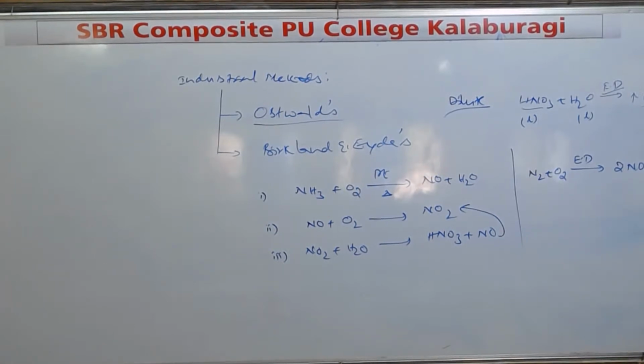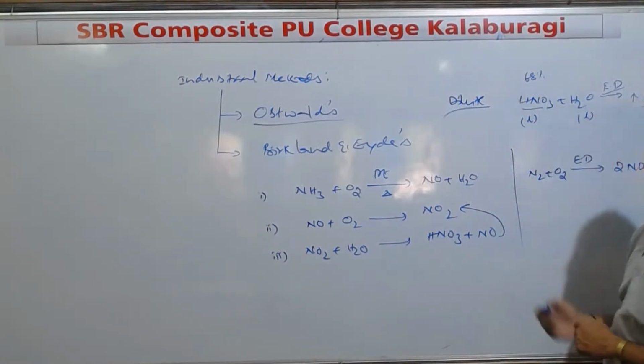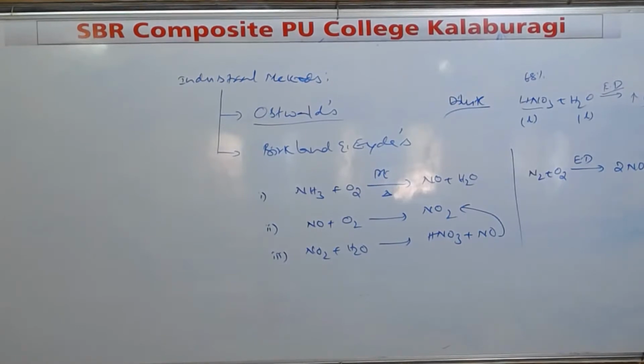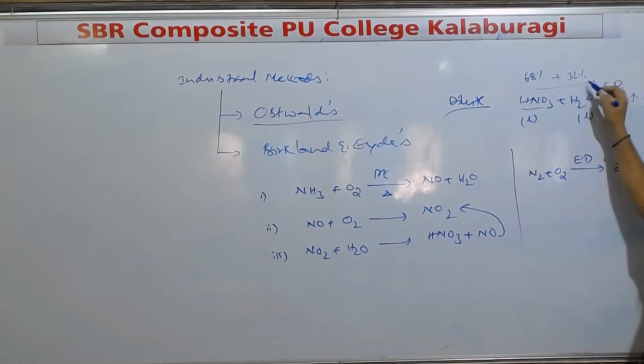68%. At this particular composition, the 68% nitric acid means what is the quantity of water left out? 32. At this particular composition, you will get an azeotropic mixture, or what we call a constant boiling mixture.